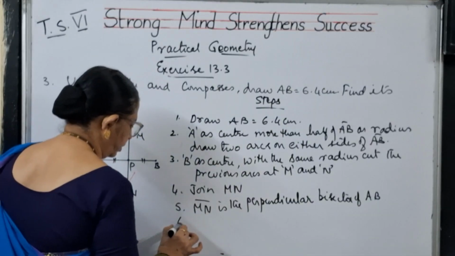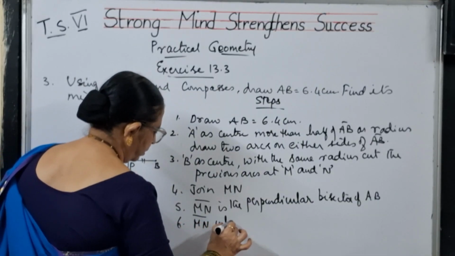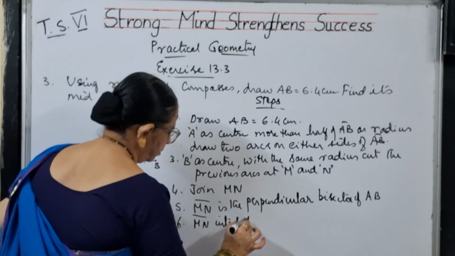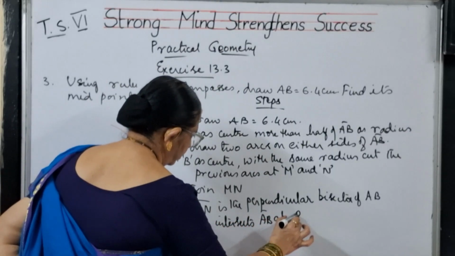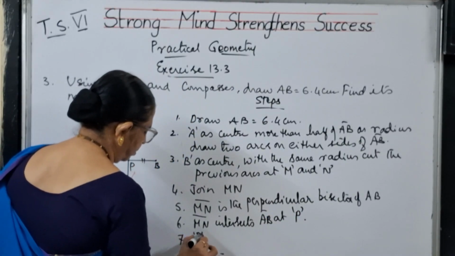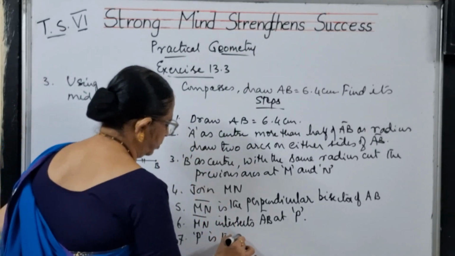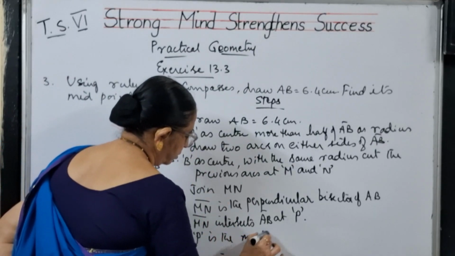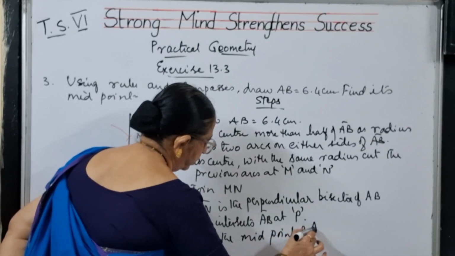And sixth point, MN intersects AB at P. Seventh point, P is the midpoint of AB.